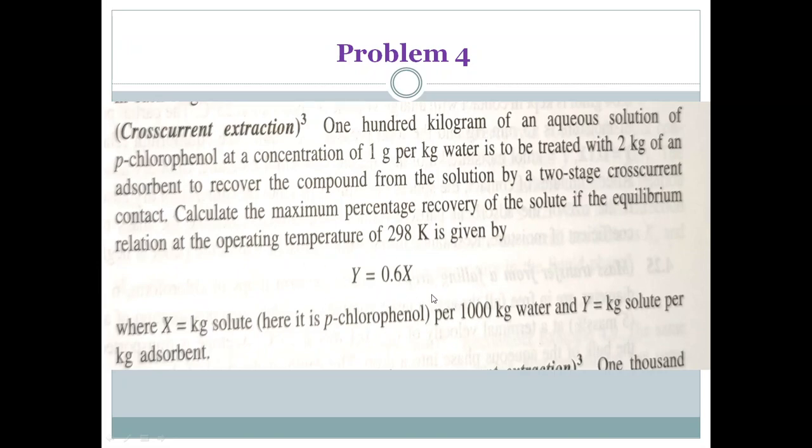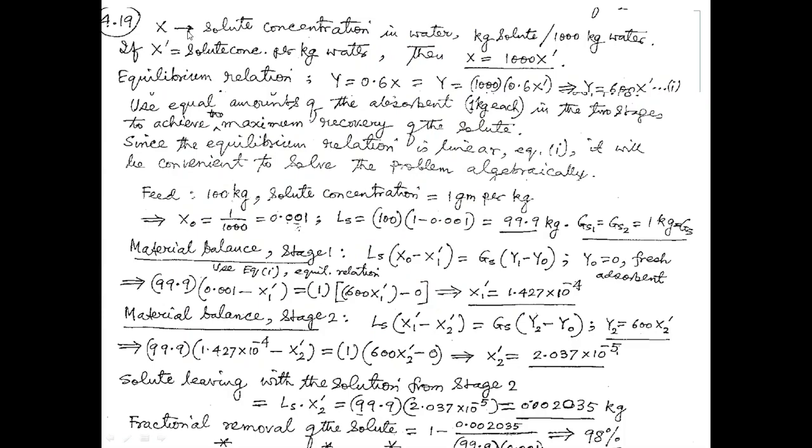So let's do first one this. So x is the solute concentration in kg per 1000 kg water. So if x dash, let's take the solute concentration in kg per kg water. Okay, so then what will be this? If it is kg per kg, then in 1000 kg, that will be into 1000. So x dash and x relation will be this.